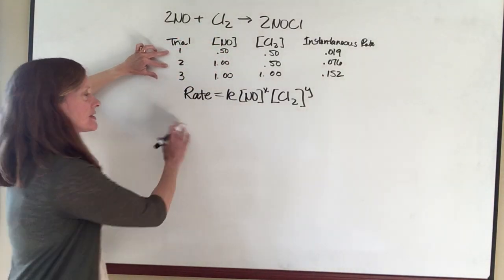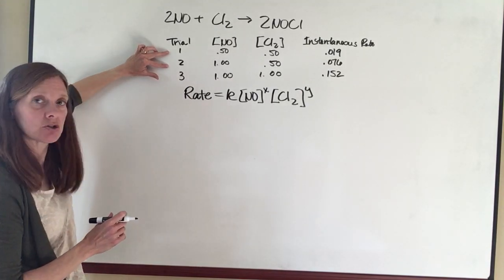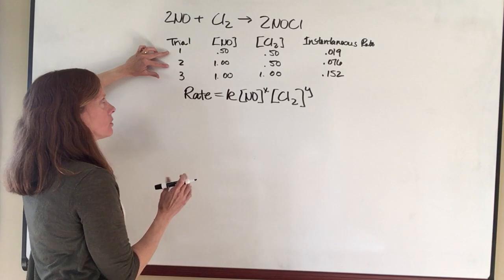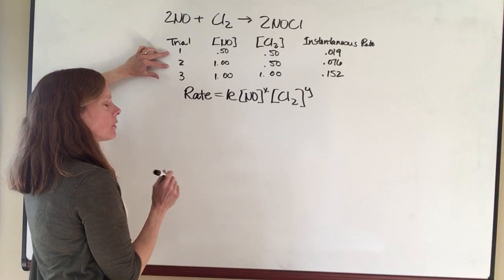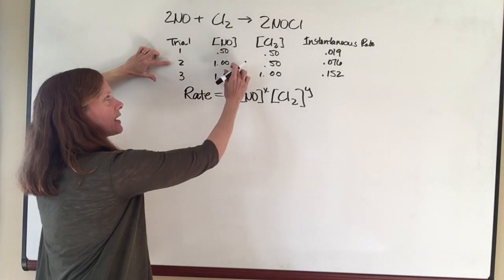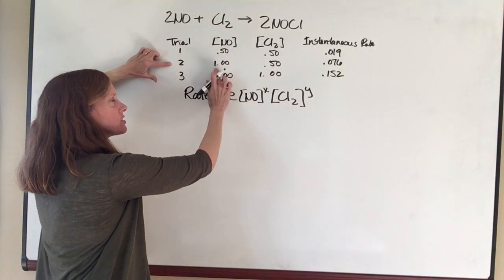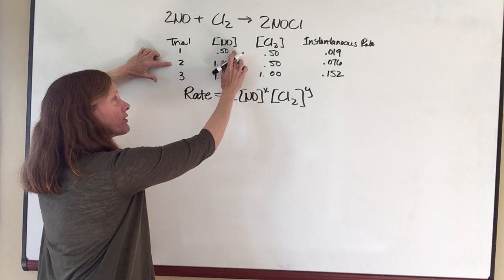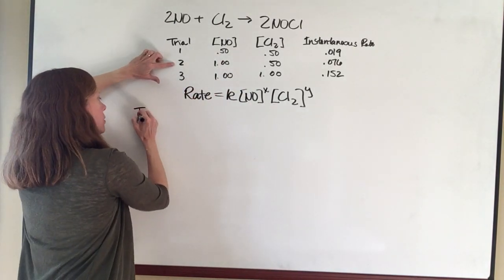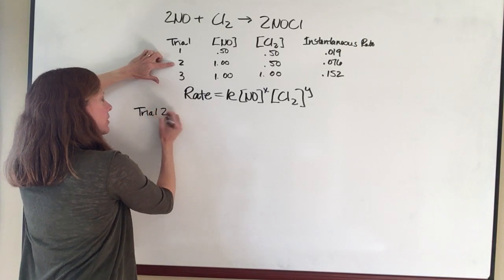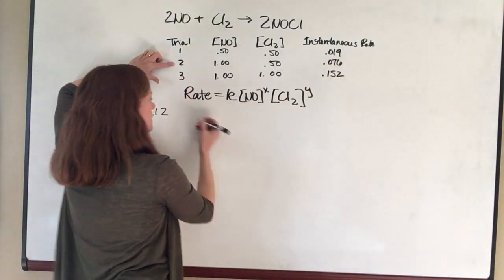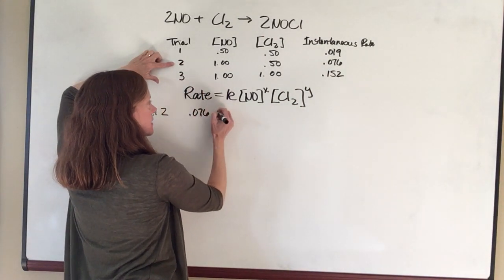Now, in order to set this up, I'm going to choose one trial and start filling in the information that I know. I also want to make sure that the one that I choose first is the one that has the bigger concentration. Since this is 1 and this is 0.5, I'm going to use trial 2 first. So for trial 2, if I write the rate equation, I know that the rate is 0.076.